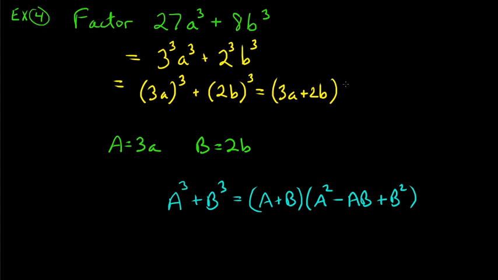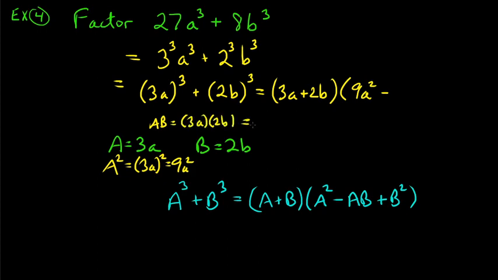Okay. Now comes the hard part, right? The trinomial. A squared. What is a squared? Well, it's 3 times a squared, which is 9a squared. Right? Minus ab. So a times b is 3 times little a times 2 times little b. And 3 times 2 is 6 times little a times little b.